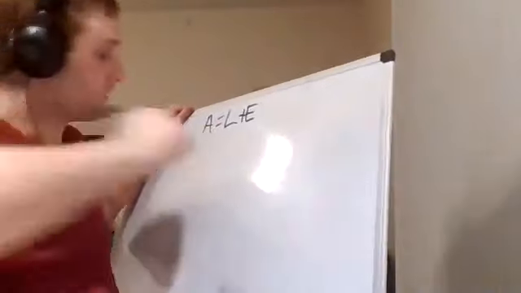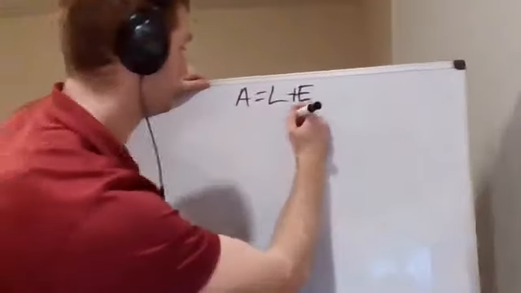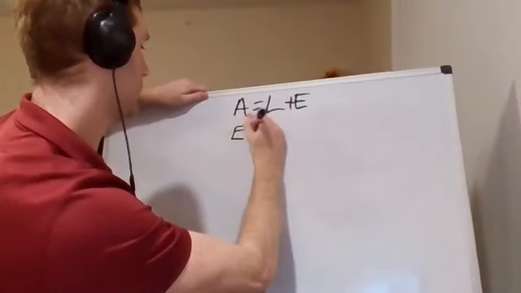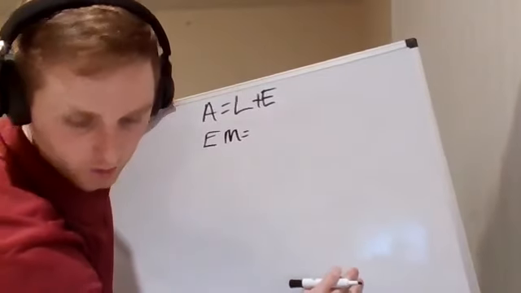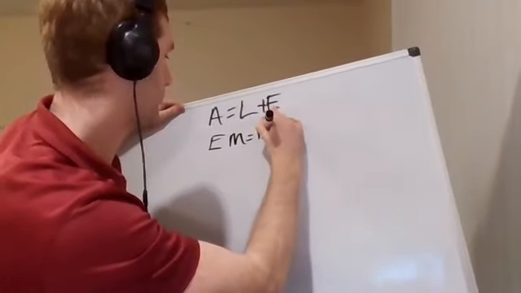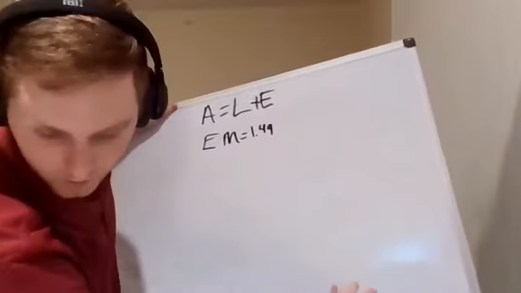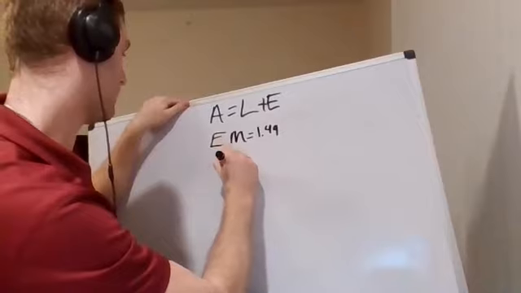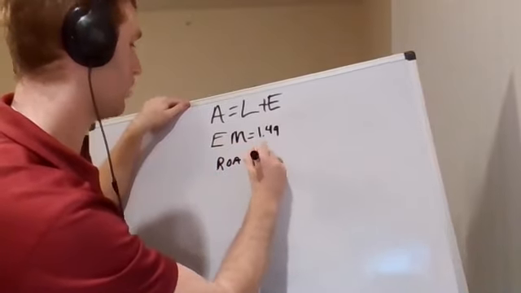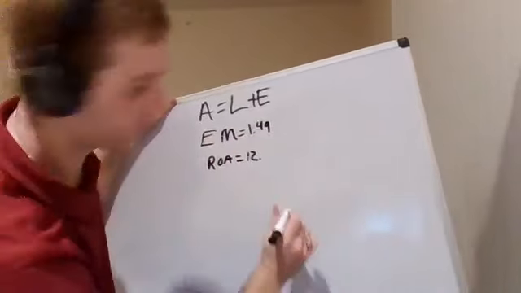So we go to our DuPont identity. It gives us our equity multiplier, which equals 1.49. And this also gives us a return on assets, ROA, of 12.5%.